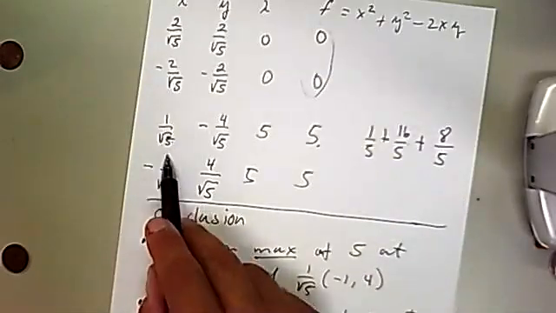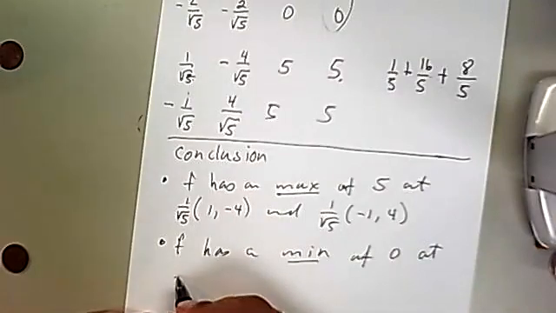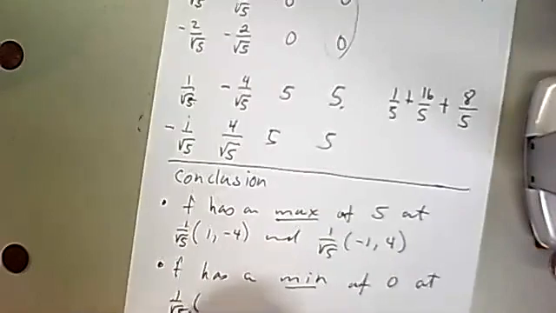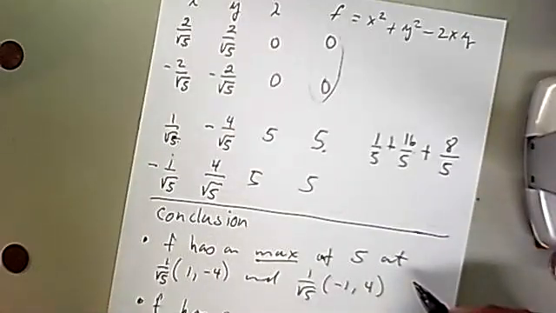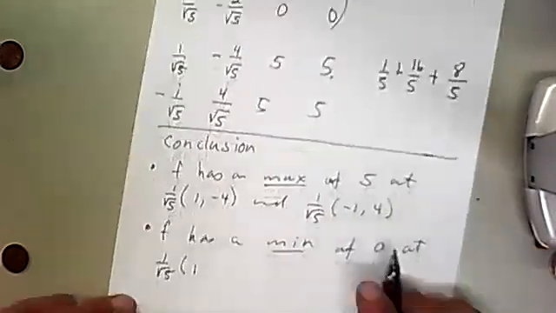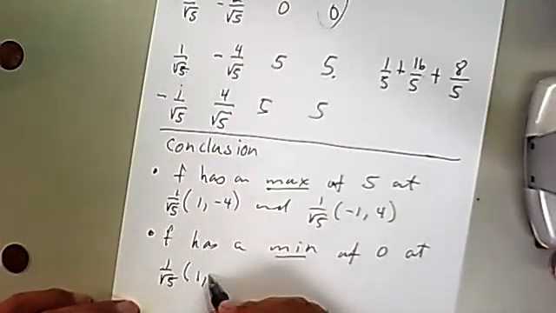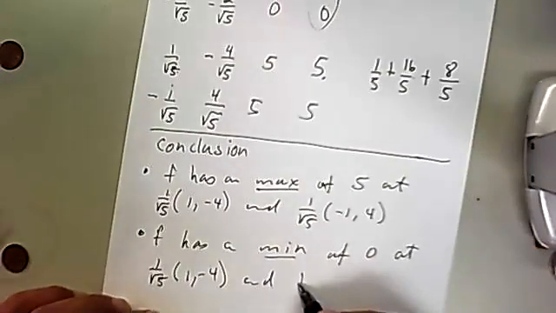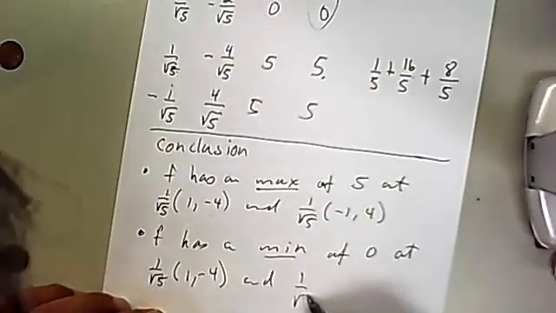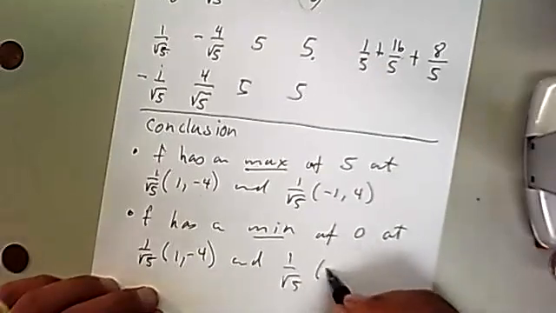we can factor out the square root of 5, 1 over the square root of 5, and then we have 1, negative 4. I wrote it wrong. I'm going to fix that in a moment. 1, negative 4, because those cannot be the same. Not in this case.